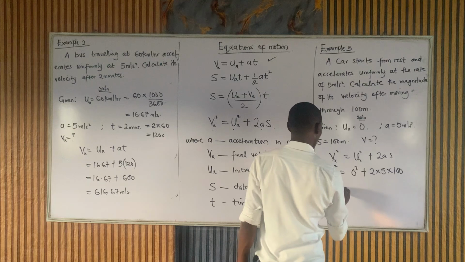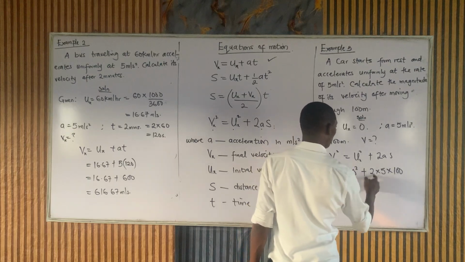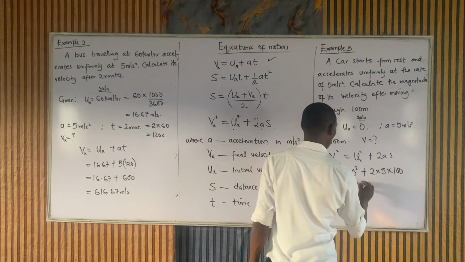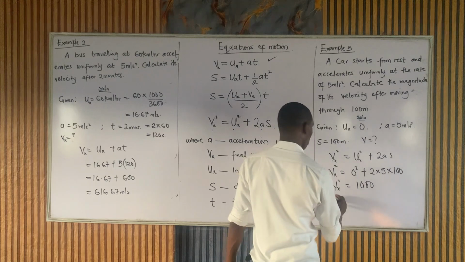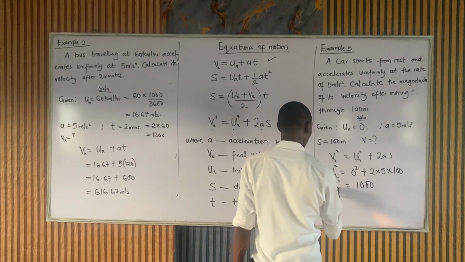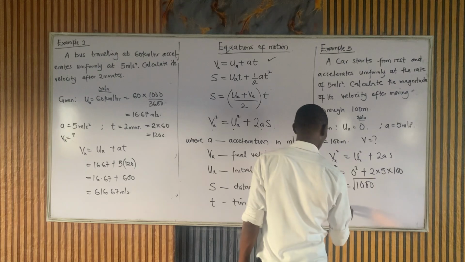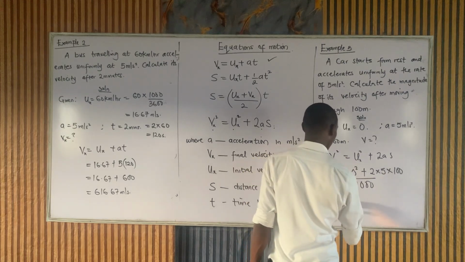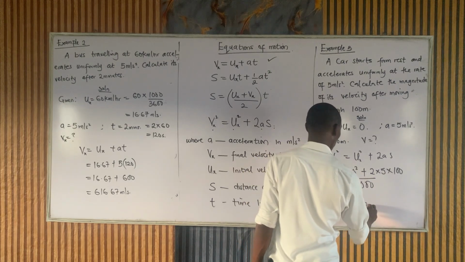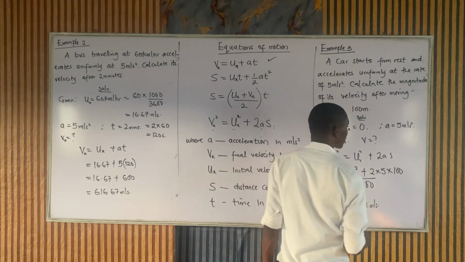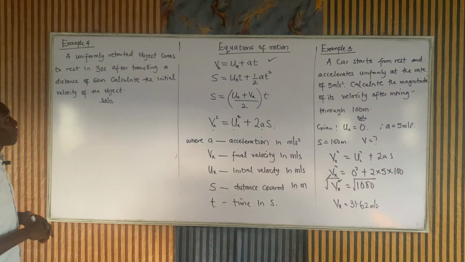So V squared is equal to 2 times 5, 10, 10 times 100, that will give us 1000. So we'll take the square root of both sides. V will be equal to the square root of 1000, which will give us 31.62 meters per second.